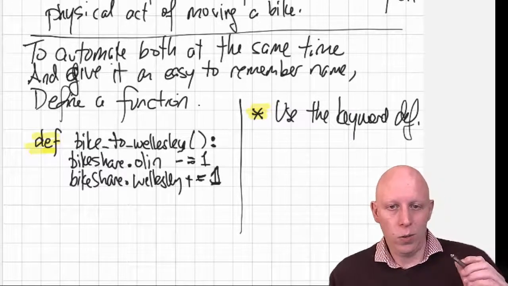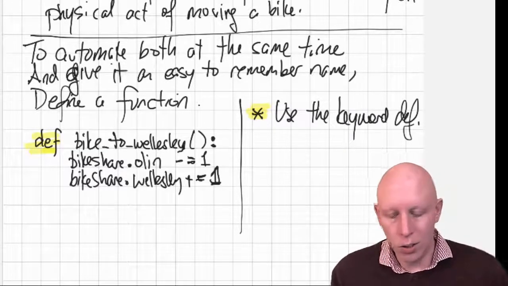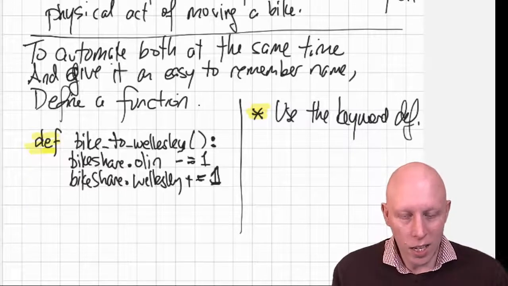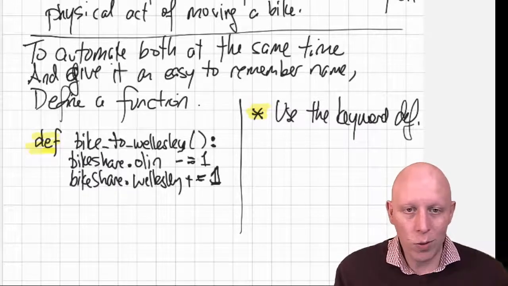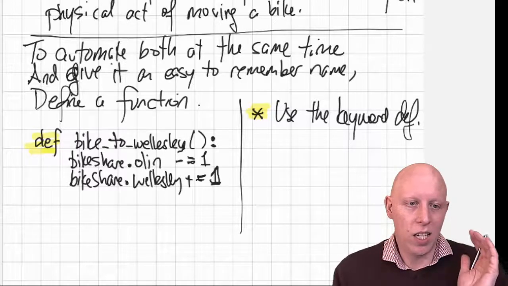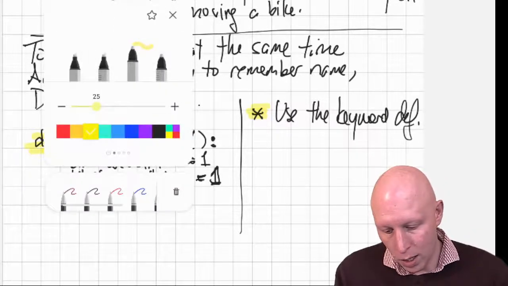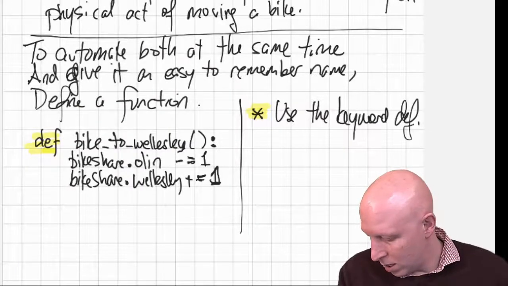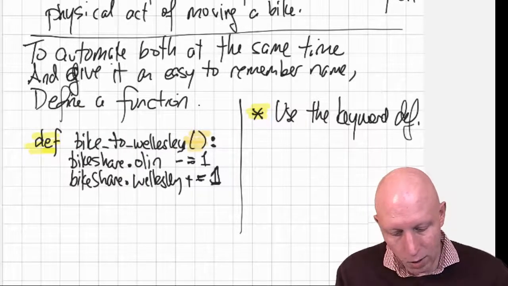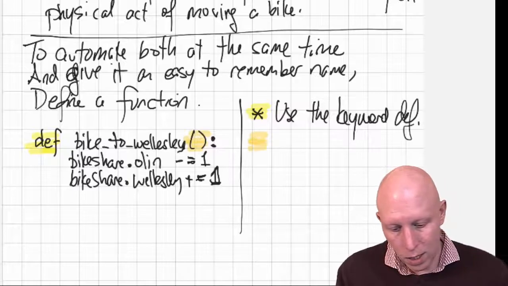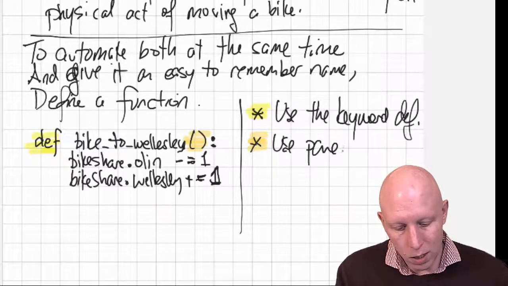Whenever you want to define a function, you use def space, and then the name that you gave it is the name of the function. Next thing to know is this. Notice that we've put here some parentheses. Use parentheses.